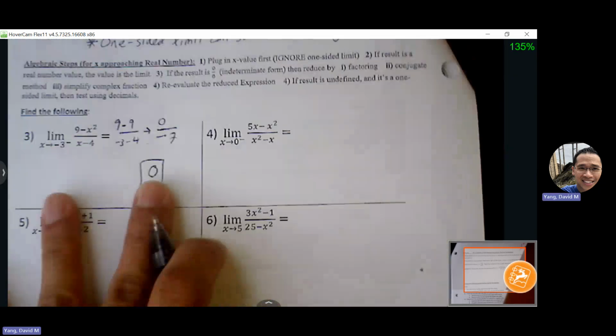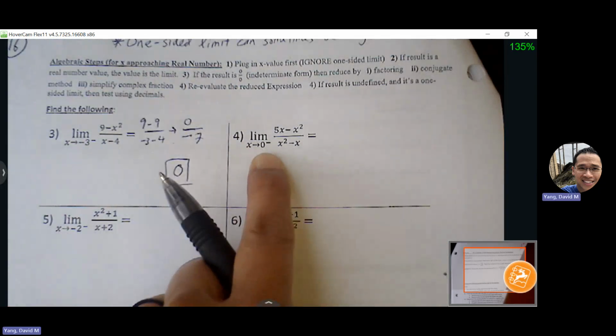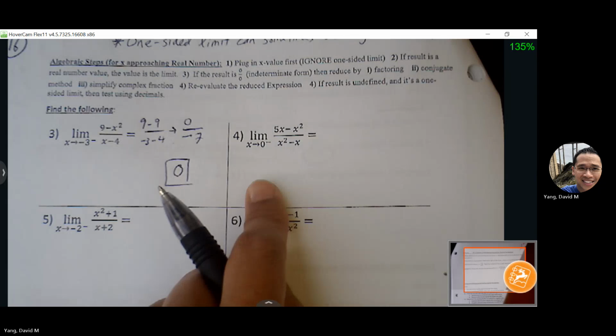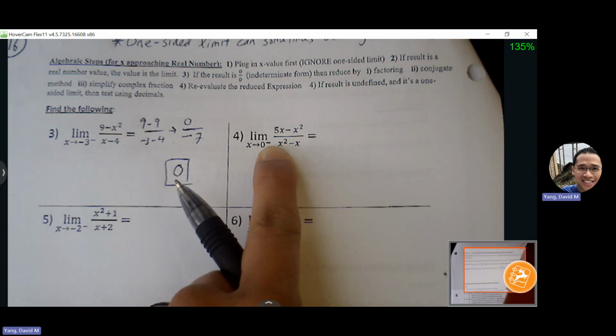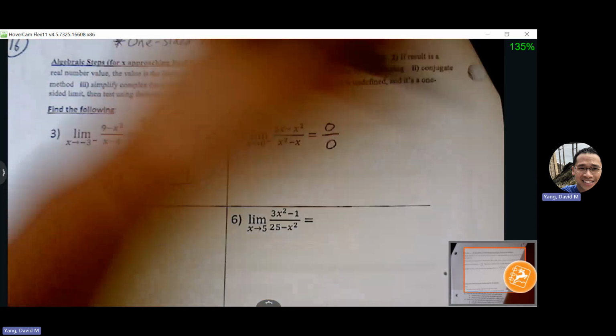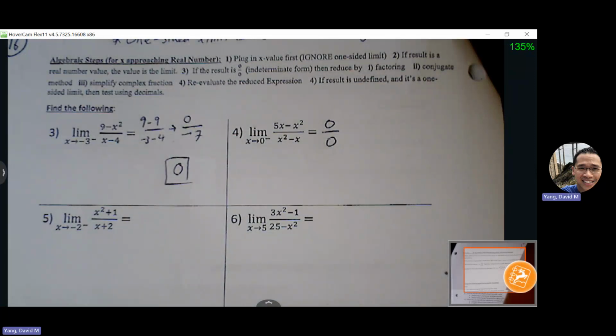All right, number 4. First steps. Direct substitution, right? Don't look at this and say, oh, I gotta do a decimal because I see a left. We don't know what's going on yet. Okay. What does this tell us? There's a hole, which means that the limit does exist. The one-sided limit is there to distract us. We're just gonna do a limit problem like we did on the quiz. Right? This is no different.